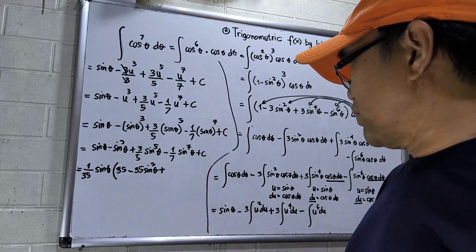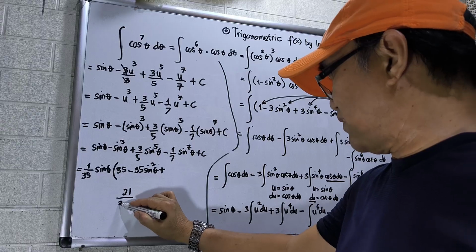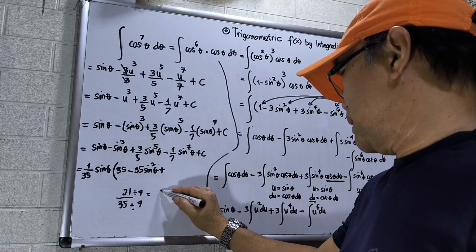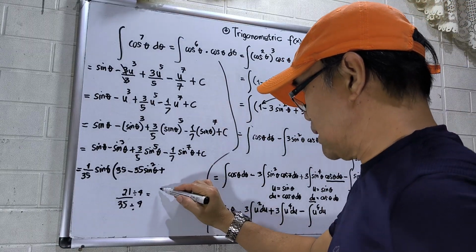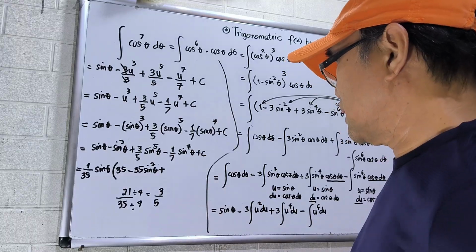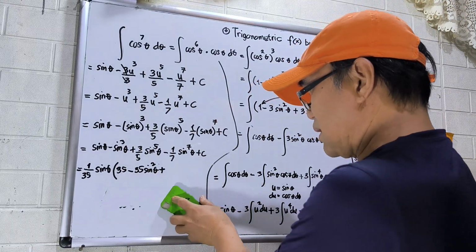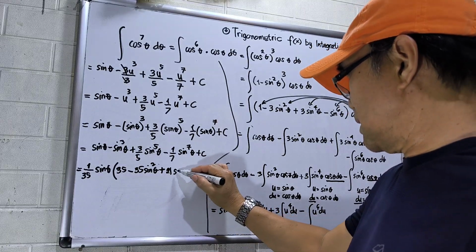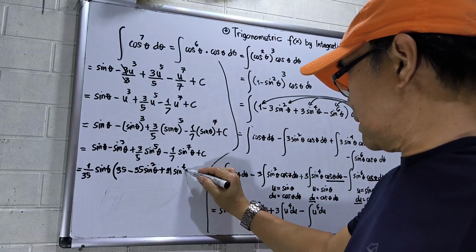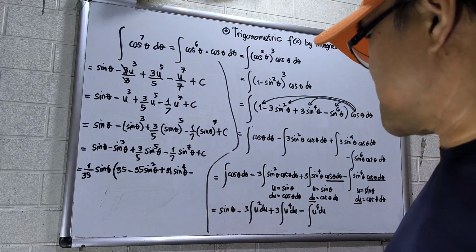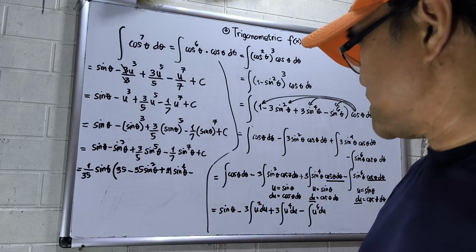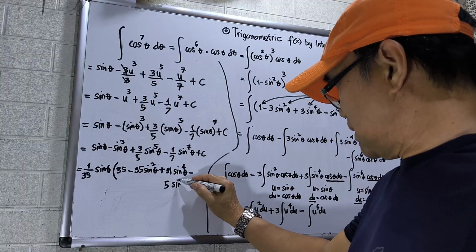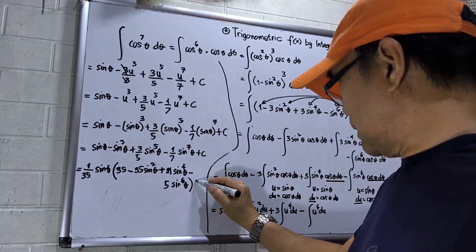So 21 over 35, reduced by 7, this will be 3 over 5. So this will be 21 sine to the 4th theta. Then this will be minus 1 over 7, so meaning this is 5. This will be 5 sine to the 6th theta, then plus c.